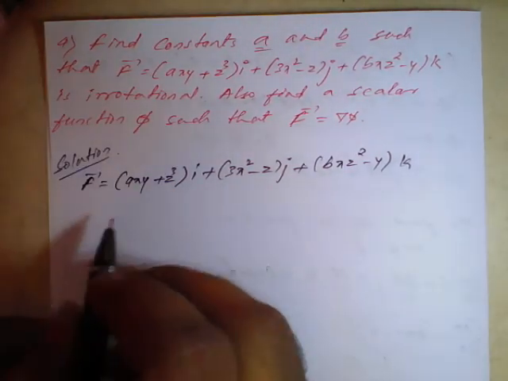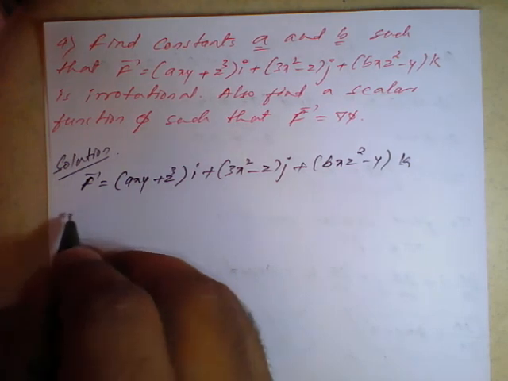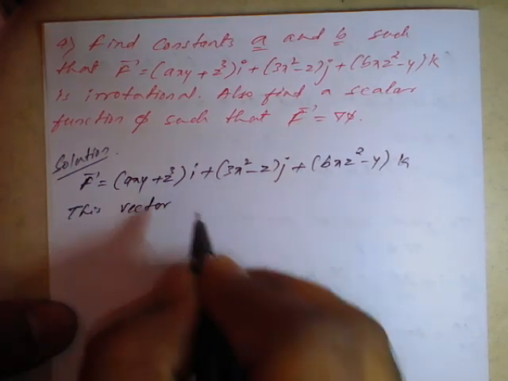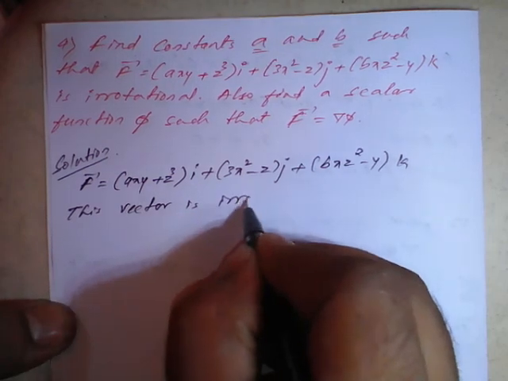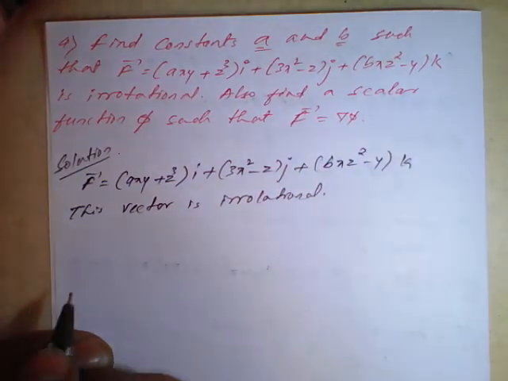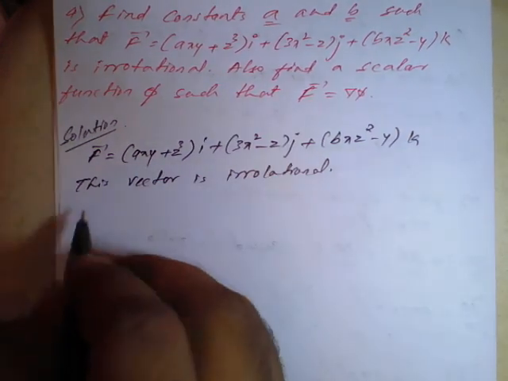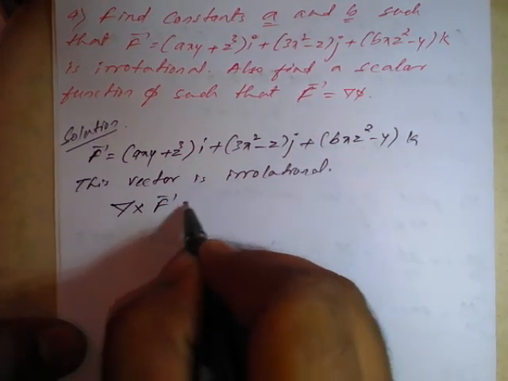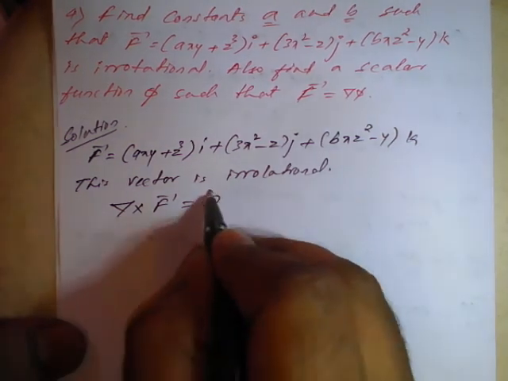Now, they are telling that this vector is irrotational, which means del cross vector f is the 0 vector already.